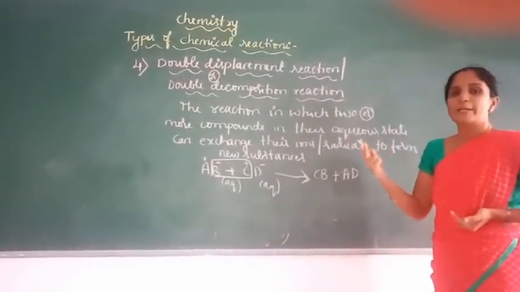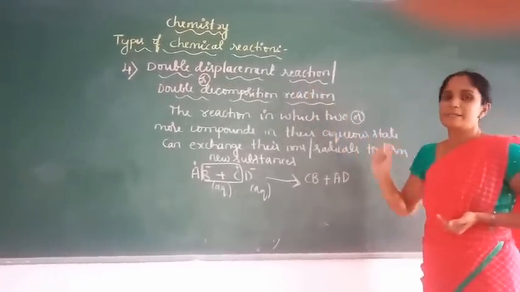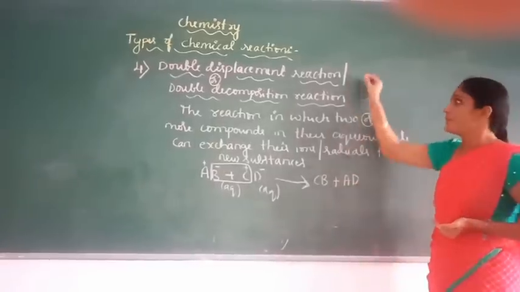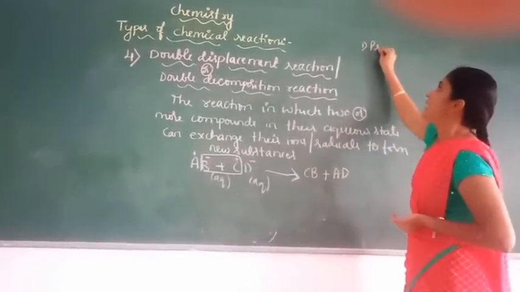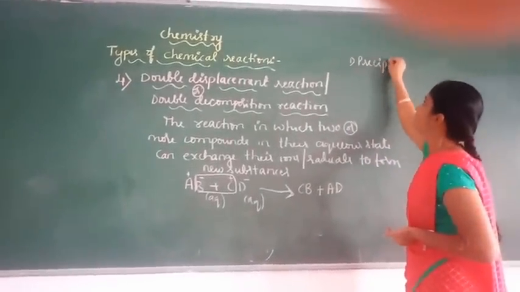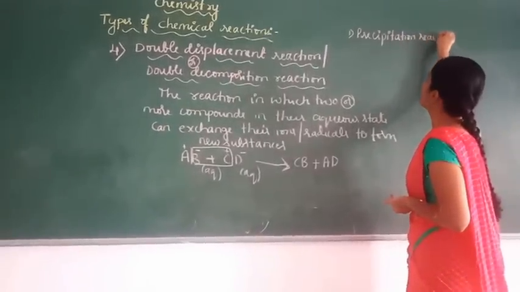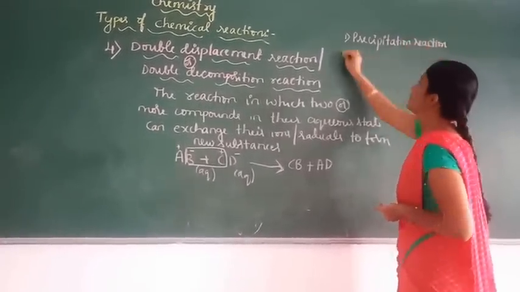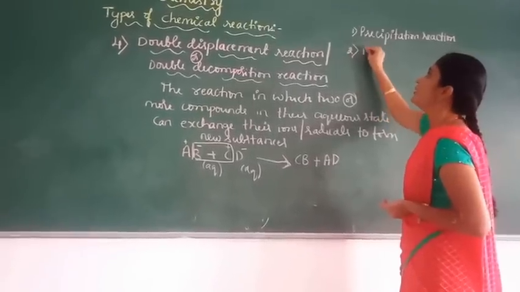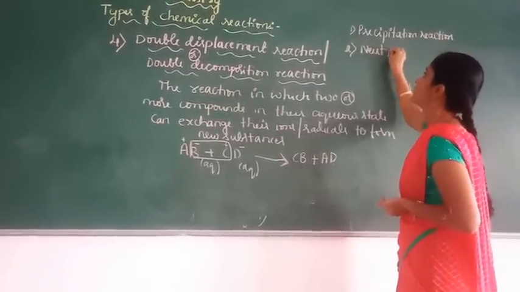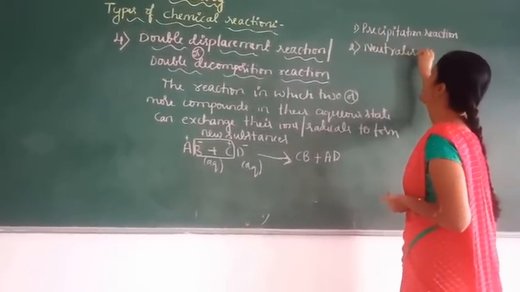There are two types of double displacement reaction. They are precipitation reaction and neutralization reaction.